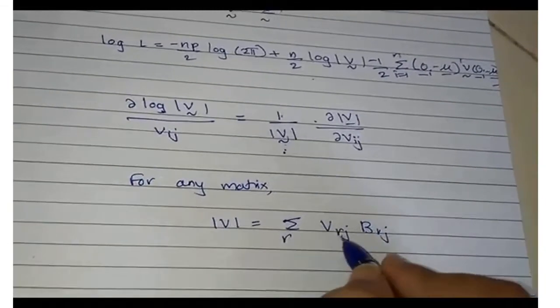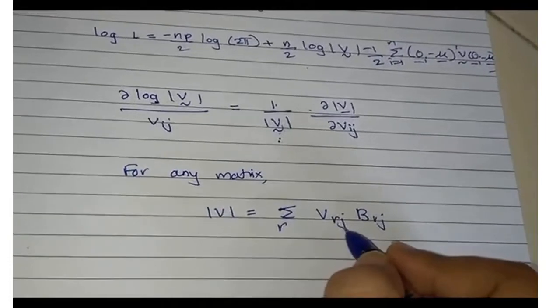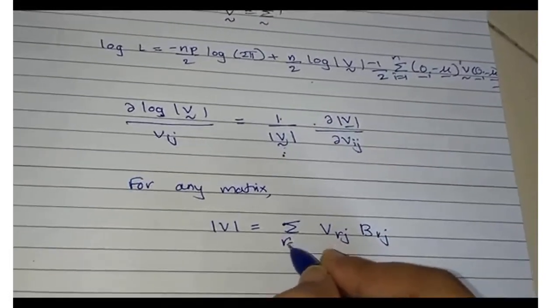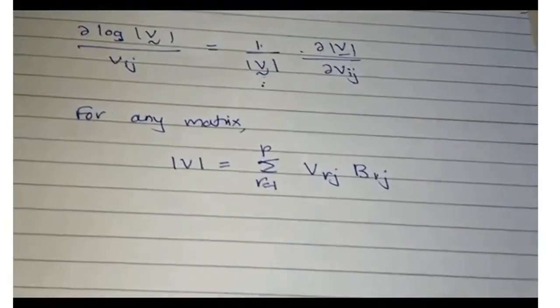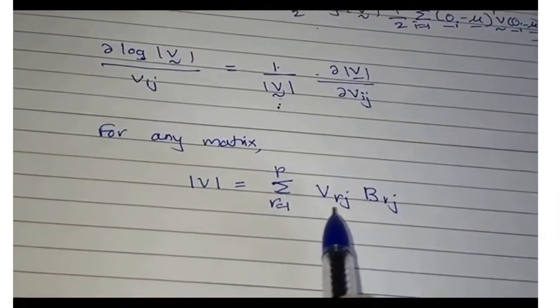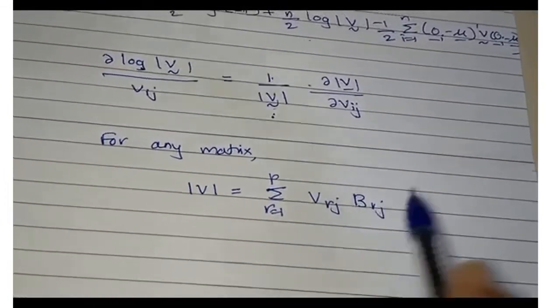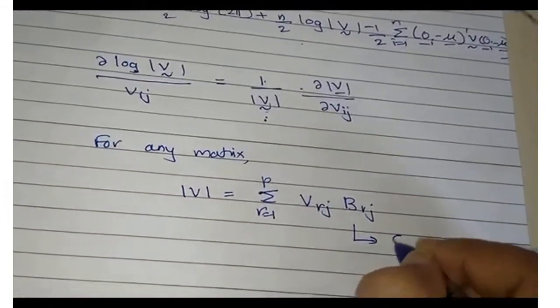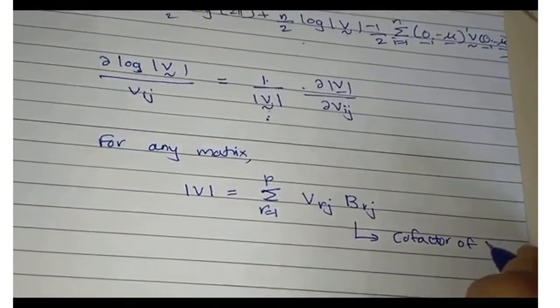Here I am fixing the jth column and writing the determinant with respect to the jth column. So r is going from 1 to p because my V matrix is p cross p. I am writing the determinant by fixing the jth column, so V_rj times B_rj, where B_rj is actually the cofactor of V_rj.